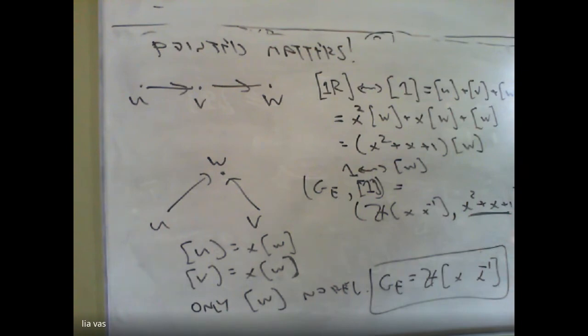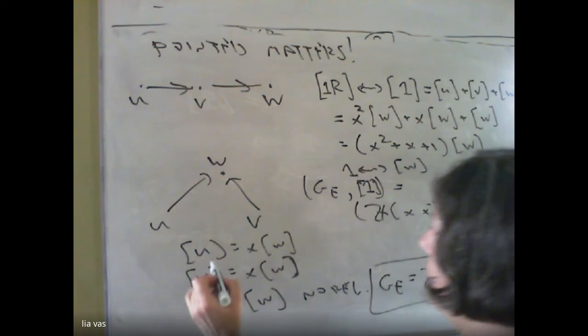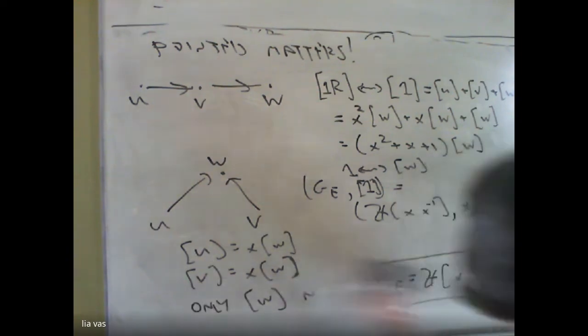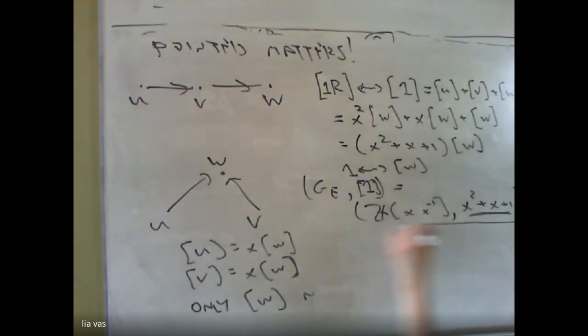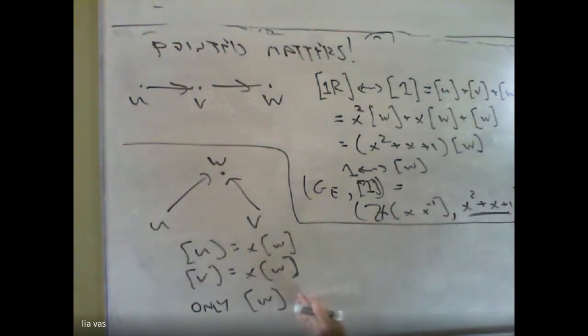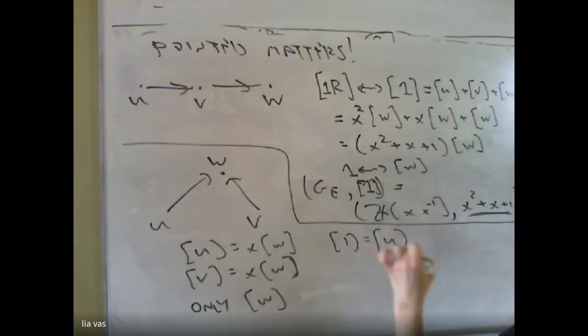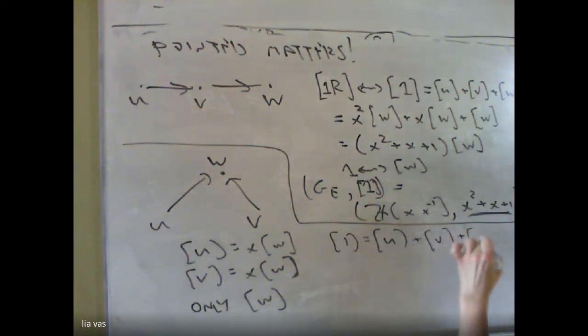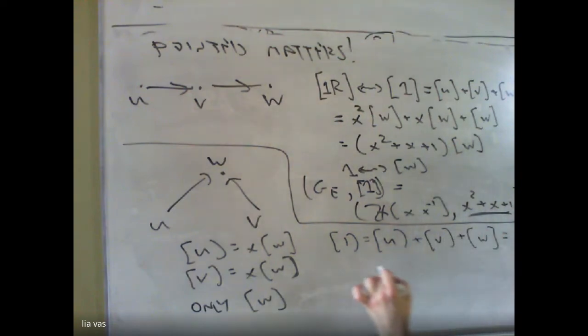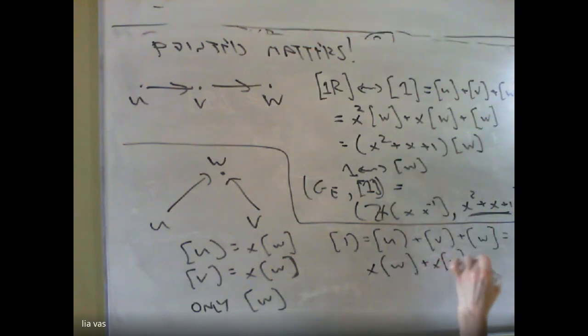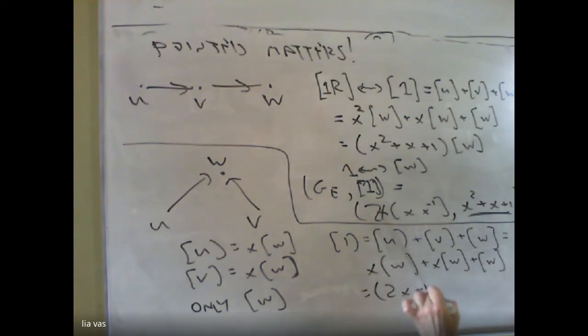Now let's see what polynomial has special significance here, right? So here your order unit, that 1 is equal to u plus v plus w. And here u is xw and v is xw also, right? So this polynomial here is 2x plus 1. Very different polynomial here, right?